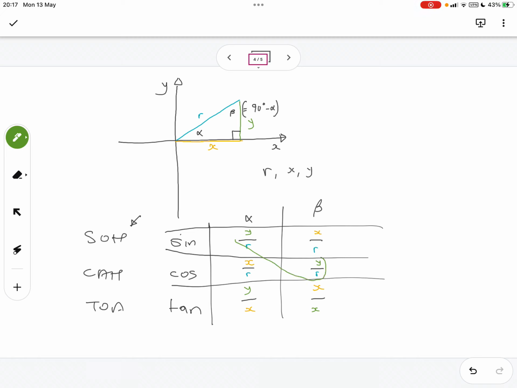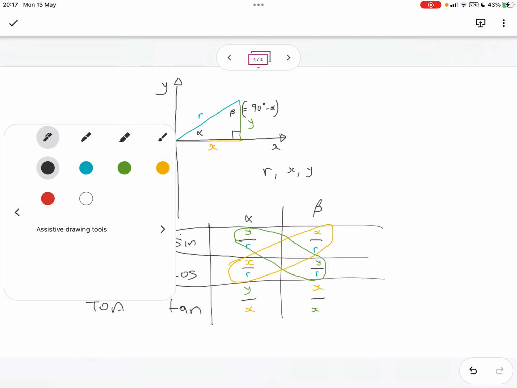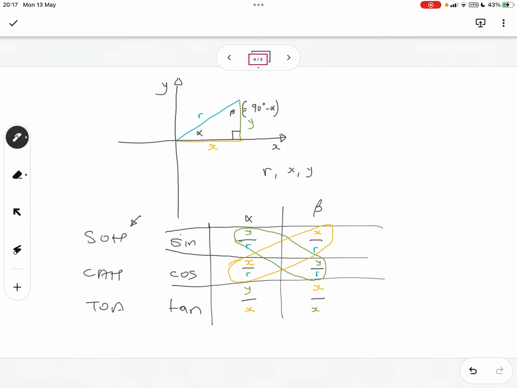So same pattern, you see that? The tan is like the inverse. For beta, tan is X over Y, not X over X.